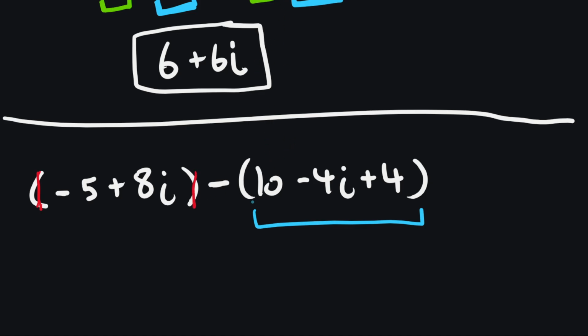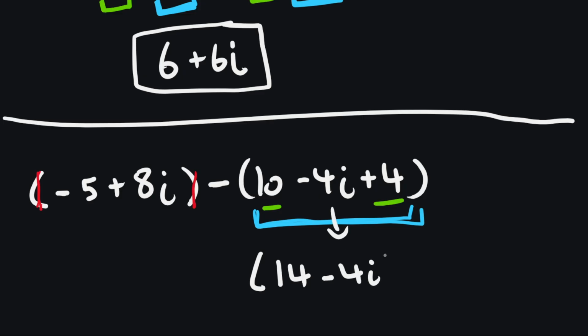Good. And within this set of parentheses right here, we can combine these two like terms, positive 10 and positive 4. What is 10 plus 4? That is 14. So we'll write 14, and we'll bring down the minus 4i. We drop the first parentheses and bring down negative 5 plus 8i minus.